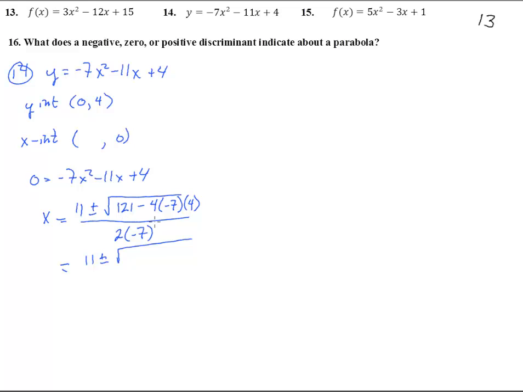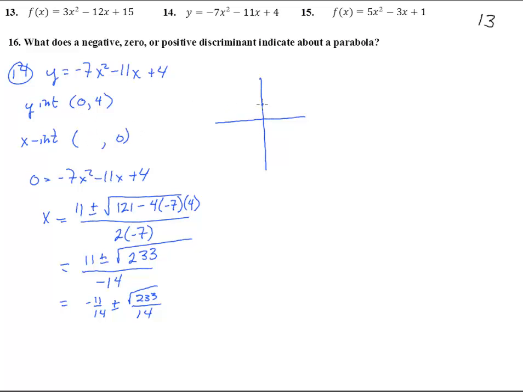So 121 plus 112 is 233. I think that's not going to simplify too much, over negative 14. I'm going to write it a little bit differently: negative 11/14 plus or minus the square root of 233 over 14. And you guys can stick that in your calculator, and you'll notice the negative sign on this one just went up and changed that to a minus plus, but we're all right. The graph now is going to look like this.